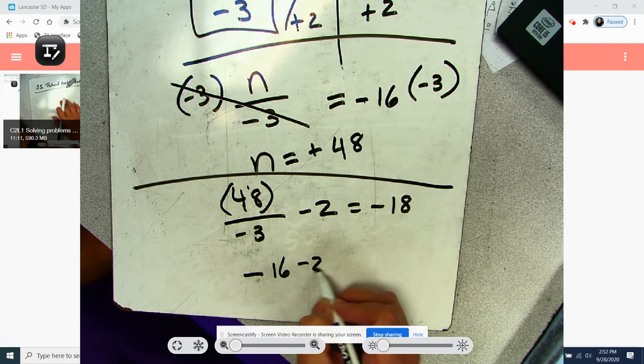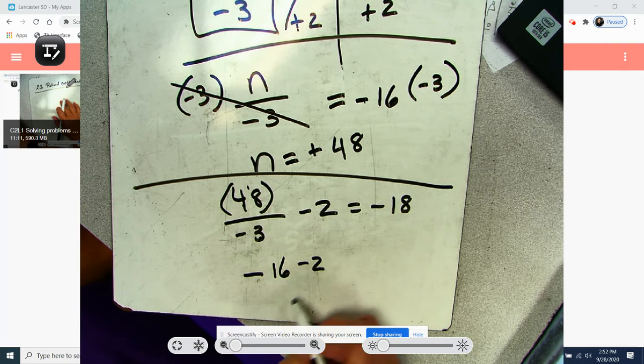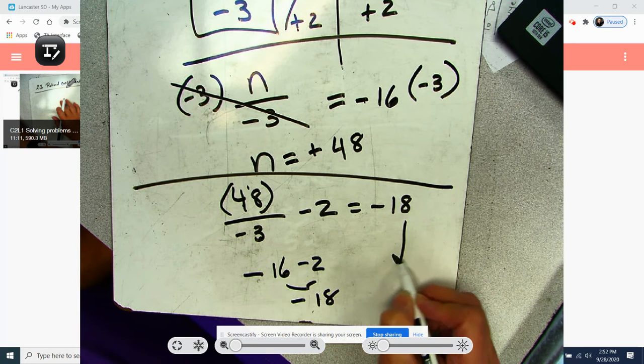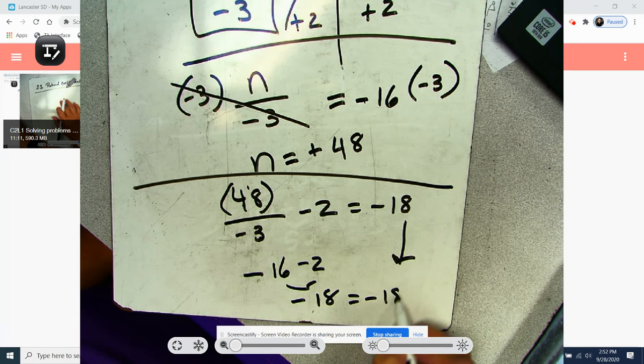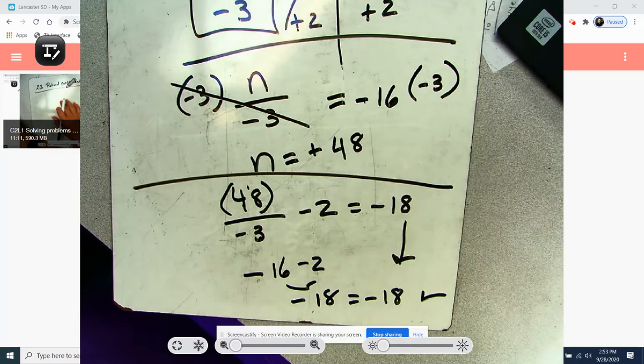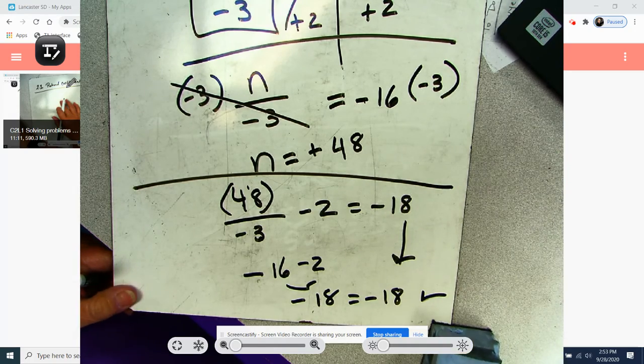Bring down my negative 2. Negative 16 and negative 2 combine to give me negative 18, and that's what this side says. Negative 18, check. Okay? It's really important that you guys understand how to do the check. Even if I'm not requiring it, you should know how to do it.